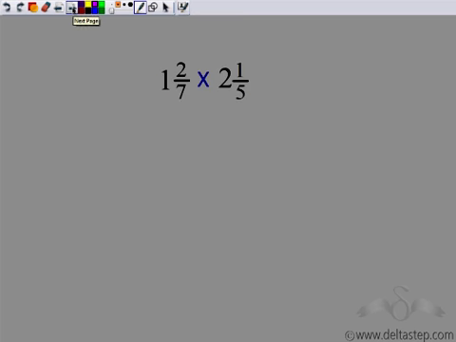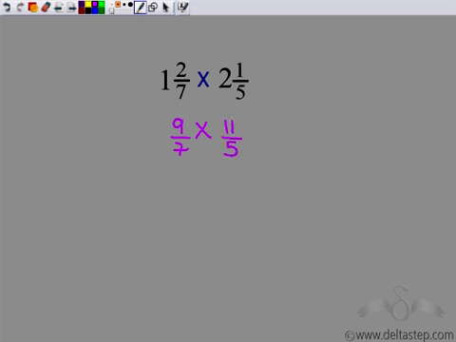Then I can easily solve it and then convert it back to a mixed fraction if required. So this would be 1 into 7 plus 2, which is 9 by 7. This would be 2 into 5, which is 10, plus 1, 11. 11 by 5.